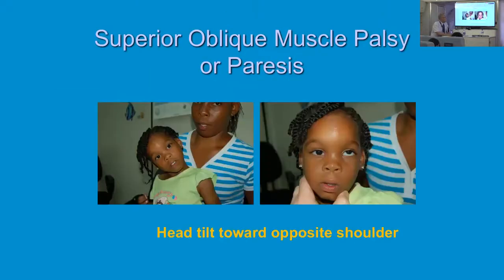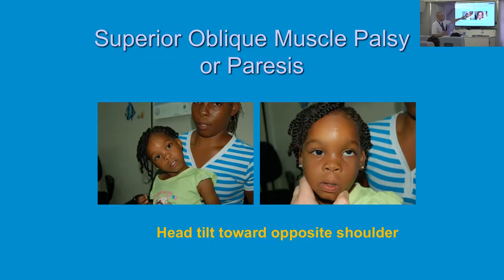Good. So here's a real typical case. This is a girl who has a head tilt to the right. She wants to look straight ahead to read or look at a distance. She tips her head to the right. Why does she keep her head to the right? Because if you force her to put her head in the straight ahead position, look at her left eye. She has a big left hypertropia in primary position. And when she tilts her head to the right, it gets better.